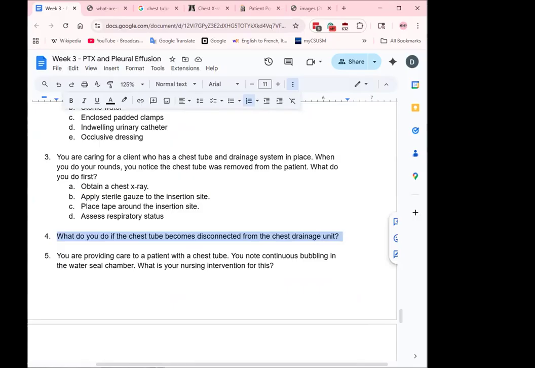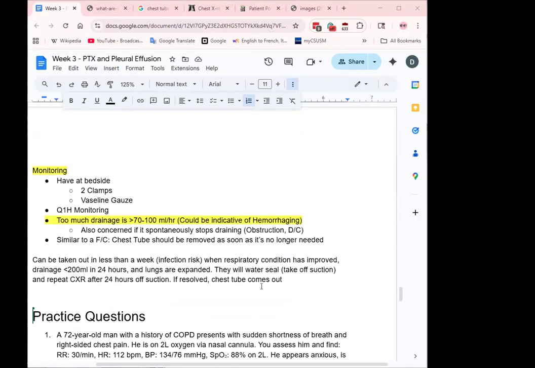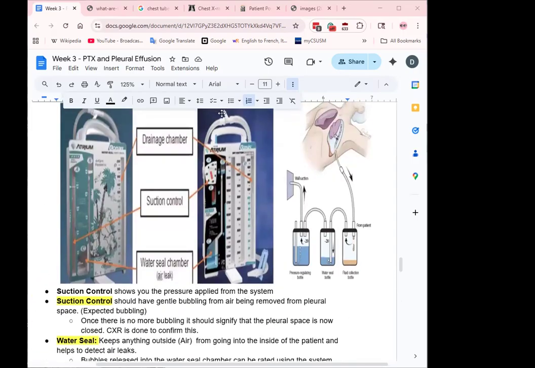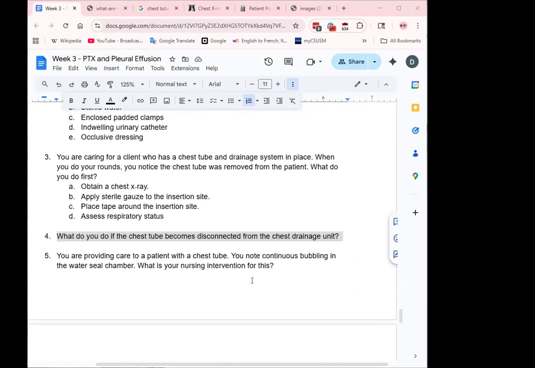But if stuff does get disconnected, what can you do? This is talking about disconnection from the atrium. Yeah, the tube and sterile water.